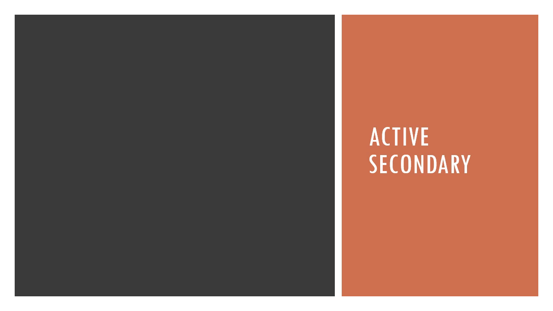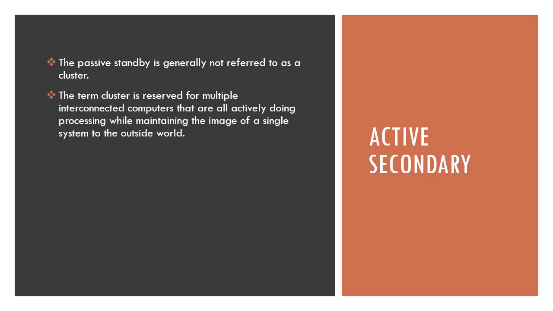Active secondary. The passive standby is generally not referred to as a cluster. The term cluster is reserved for multiple interconnected computers that are all actively doing processing while maintaining the image of a single system to the outside world.